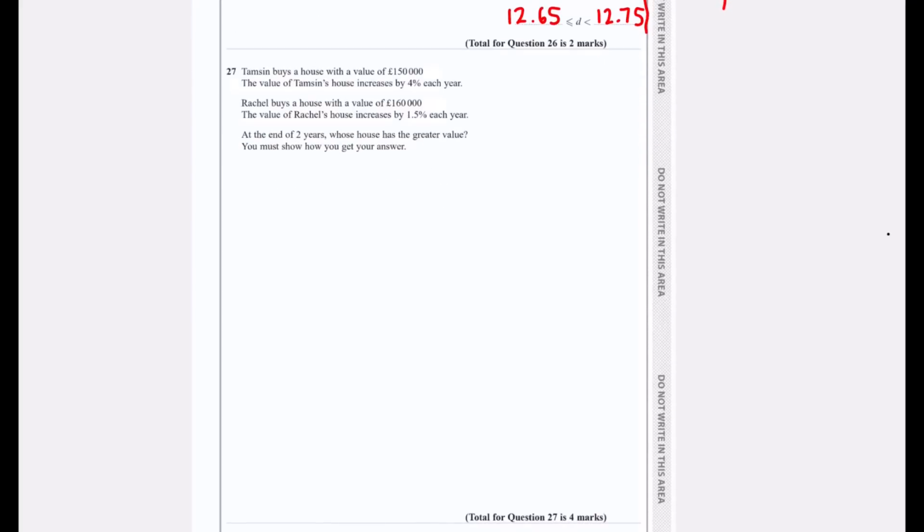Question 27. Tamsin buys a house for 150,000. The value increases by 4% each year. Rachel buys a house for 160,000. The value increases by 1.5% each year. At the end of 2 years, whose house has the greater value? So if I want to add on 4% twice, I can do it in one calculation.